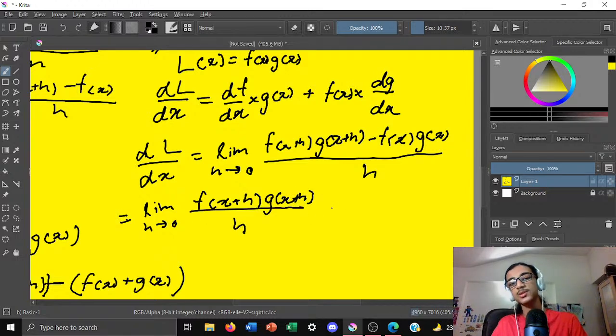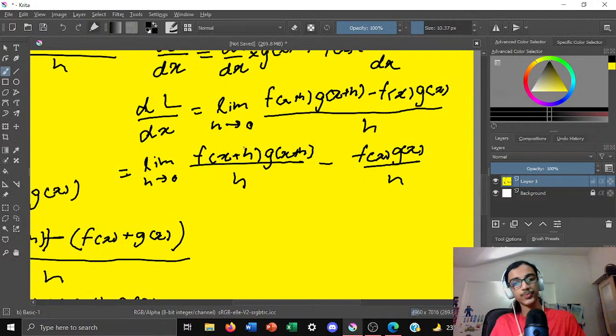Once again, we split the fraction, so we just say minus f of x, g of x divided by h. So this is our new expression. We can split the limits later on, but it's not really necessary right now. In fact, we shouldn't. So with that being said, let's move on.